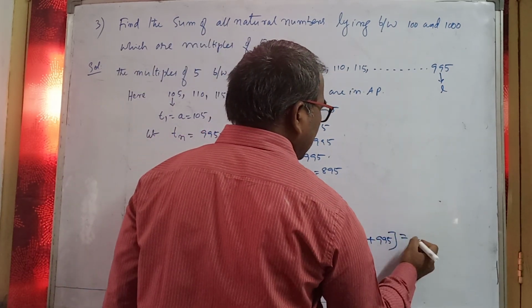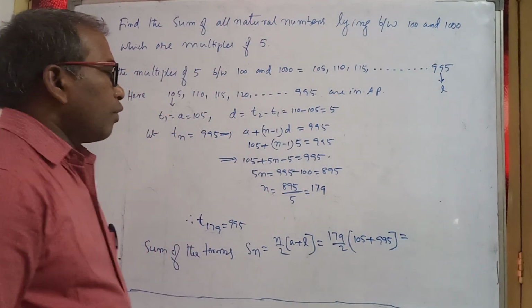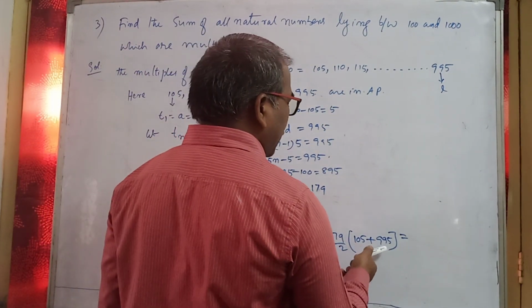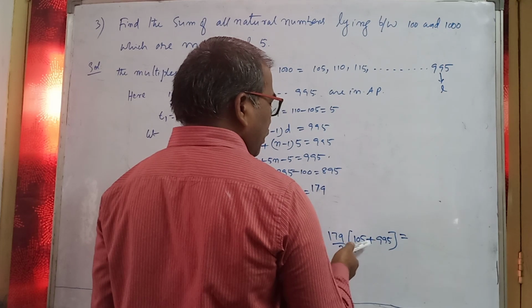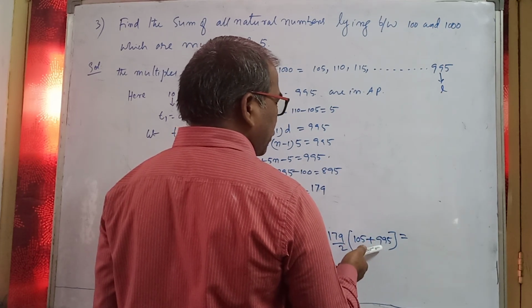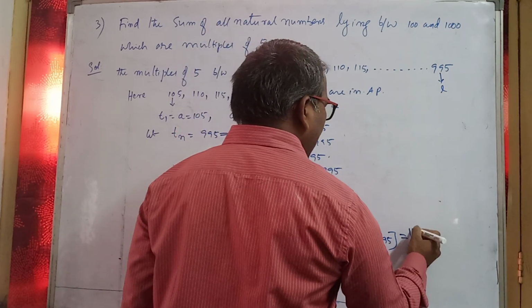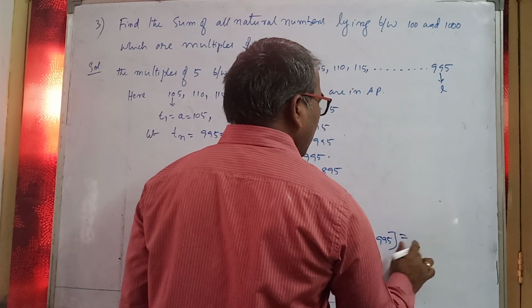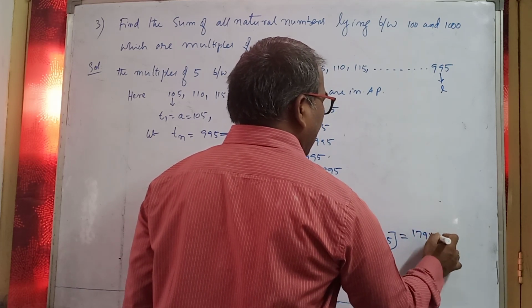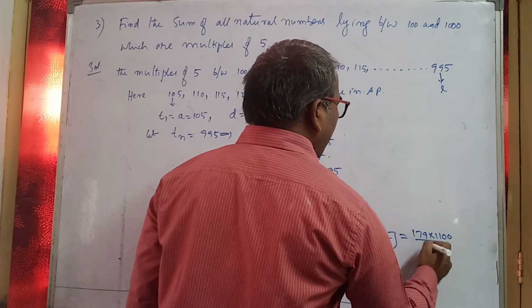So calculate this: 105 plus 995, when you add 5 here, this is 1000, plus 100, 1100. So 179 into 1100 by 2.